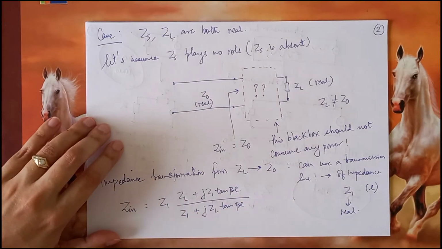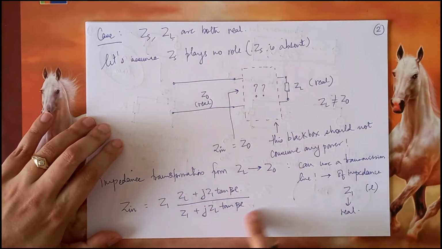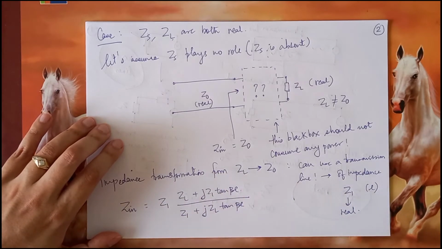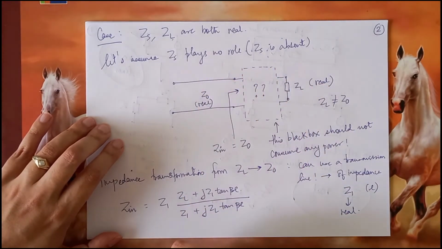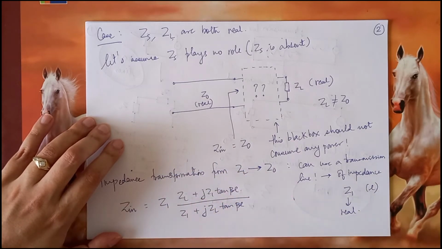So therefore, this is one expression which has both real and imaginary parts. But since the circuit elements in question are all real, we can make our life simple by trying to minimize this imaginary component. One way of doing that is to have length as 0, but then that is a very nonsensical case.